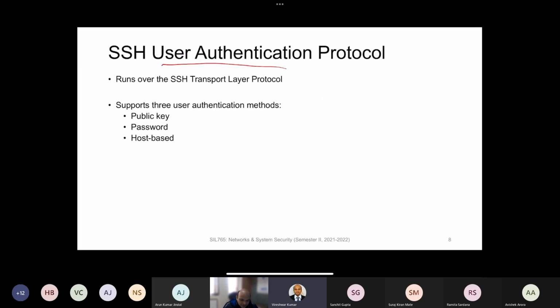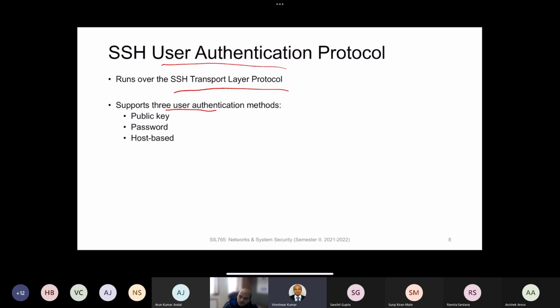And I also said that there is another protocol which involves user authentication, which means that now we are talking about the client side authentication. It utilizes, of course, the transport layer protocol, which means it is dependent on the encryption and authentication that is already happening as part of SSH.